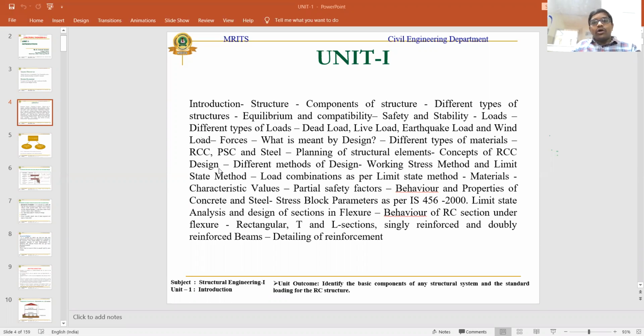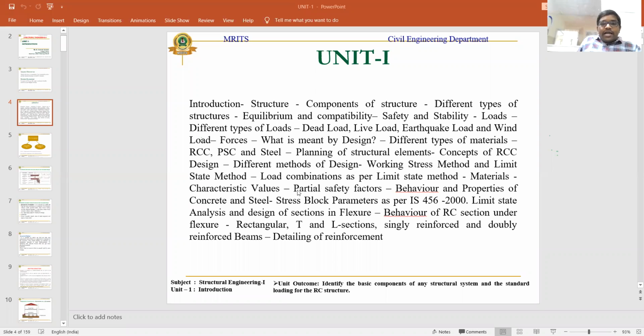We can study all these methods and finally identify which is the best method for designing RCC structures. So in this way I can go for designing with the limit state method for designing these RCC structures. And here we can discuss the differences between the working stress method and the limit state method.